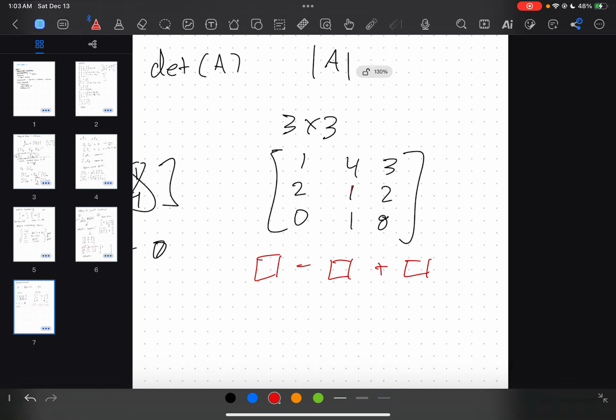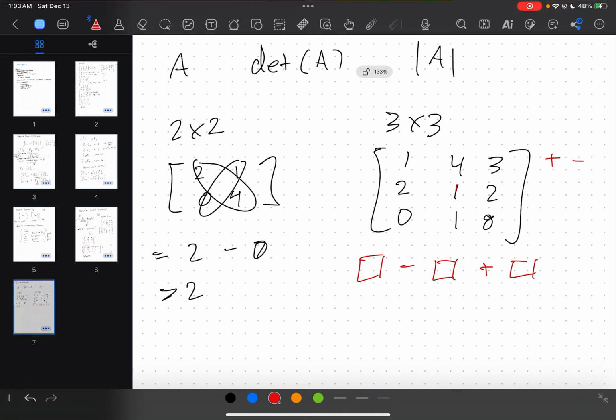And the reason why we do that pattern is because it comes from cofactor stuff for some reason.